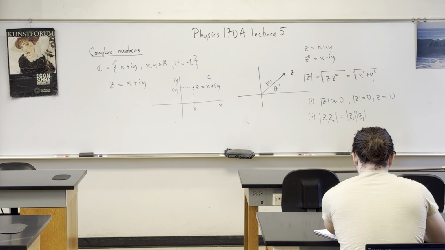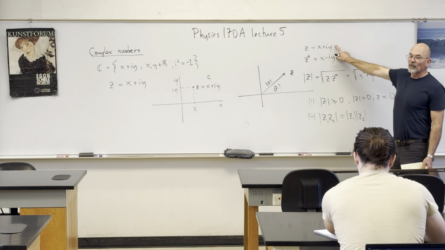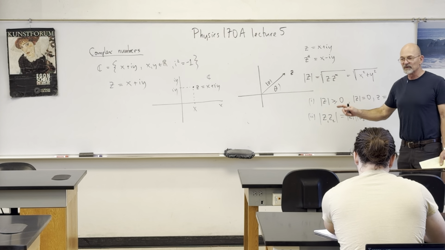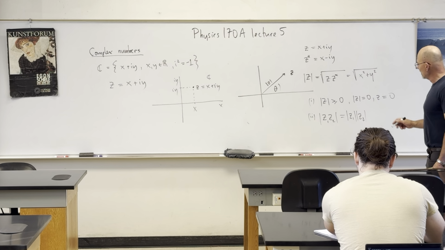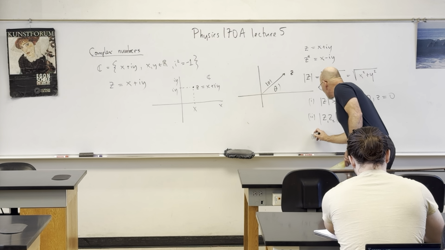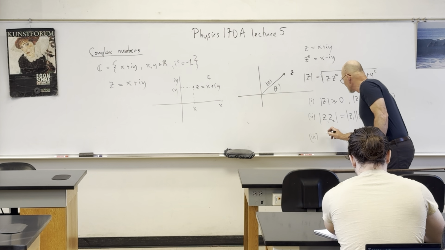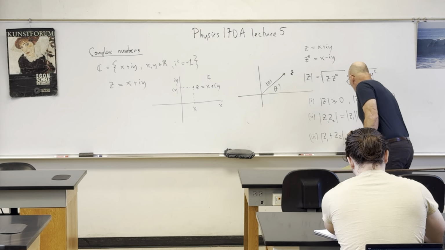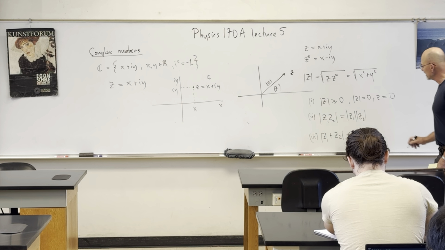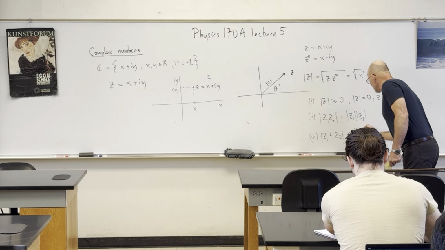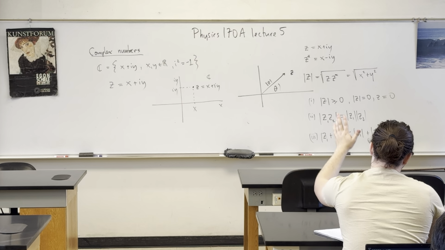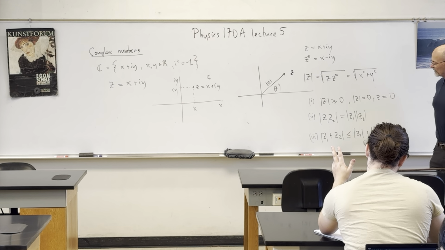Now this would look a little bit complicated if you were using this form, but to prove this, if you use Euler's form, Euler's equation, it goes very, very easily. And the third property is important. It's called the triangle inequality: the magnitude of z1 plus z2 is less than or equal to the sum of the individual magnitudes. These abstract properties come into play anytime you're dealing with vector spaces.